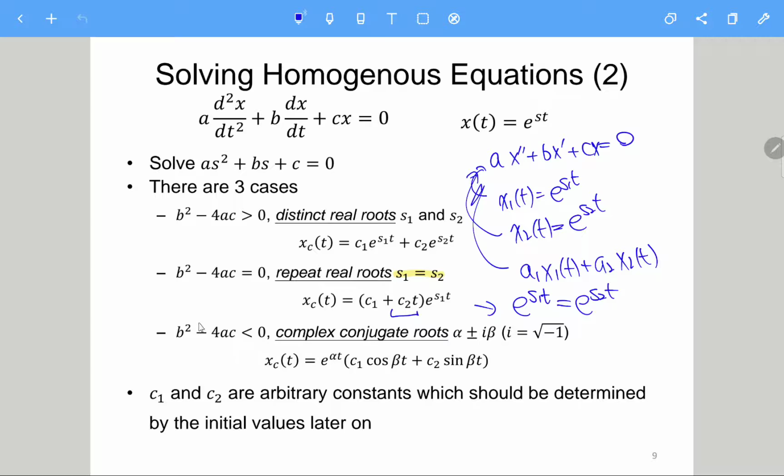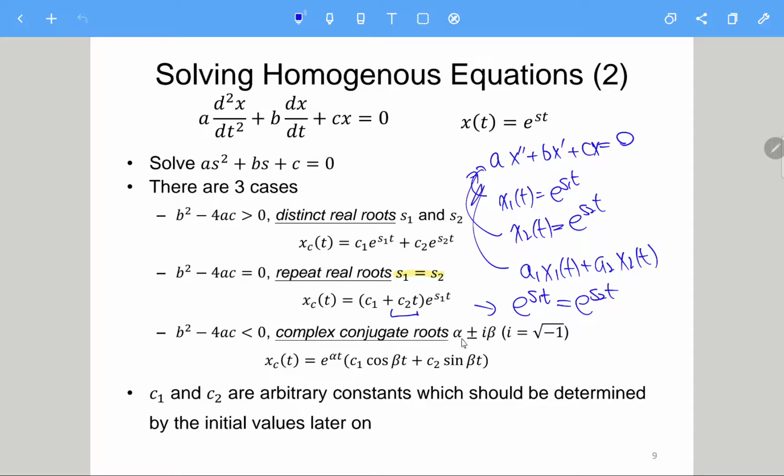So yeah, and the third case is if the delta is smaller than 0, we will have complex roots. Of course, the alpha will be minus b over 2a, and beta will be the square root of 4ac minus b squared, and then over 2a, something like this.